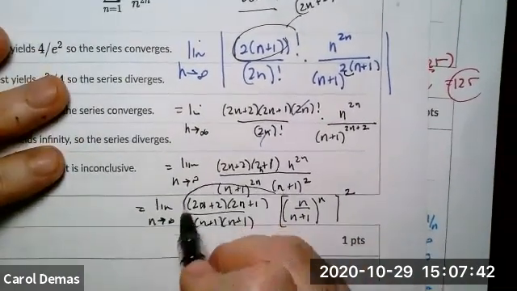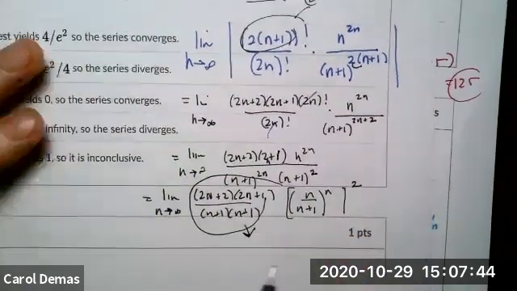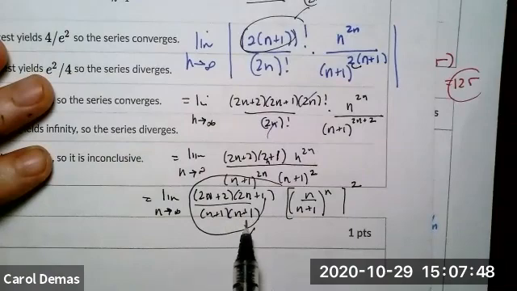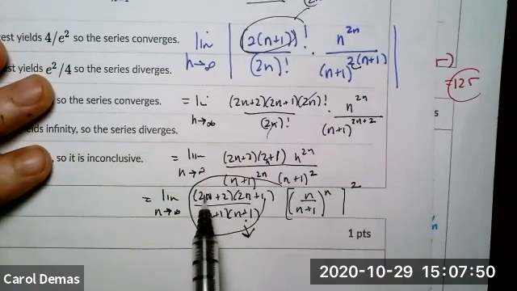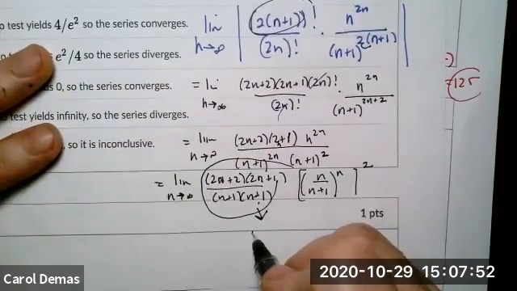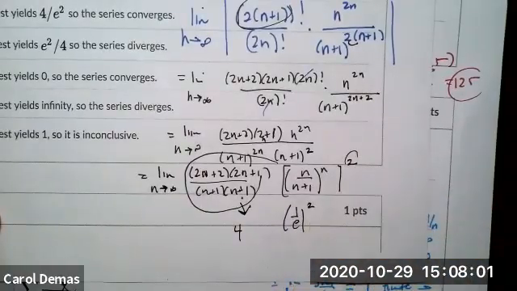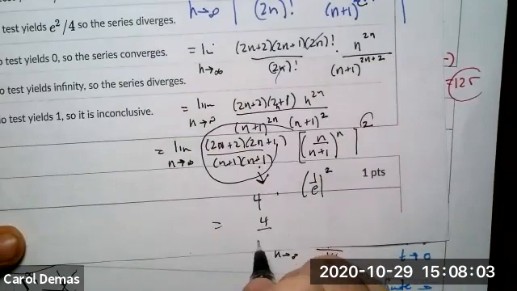Now this part, as n goes to infinity, where is it going? We have polynomial degree 2 in the numerator, polynomial degree 2 in the denominator, and the limit is going to be 4. Do you remember what this guy is? 1 over e, but it's squared. So that's going to give us 4 over e squared.